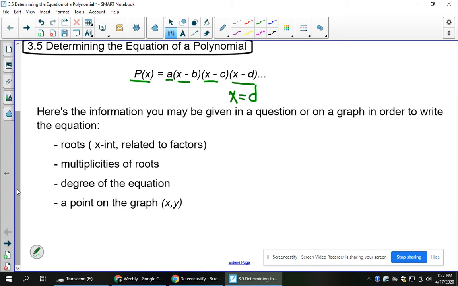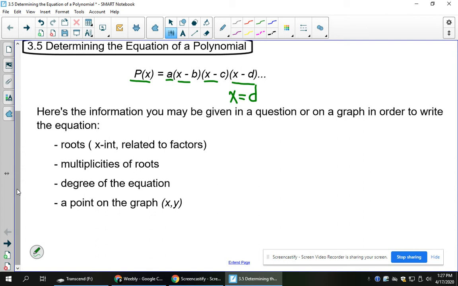So here's the information you may be given in a question or a graph in order to write the equation. The roots, aka x-intercepts, which are, as I said, the opposite sign of the factors. The multiplicities of the roots, so whether they're a bouncer on the graph or they cut through the x-intercept, the degree of the equation, and a point on the graph, some random point that goes through this graph, x, y.